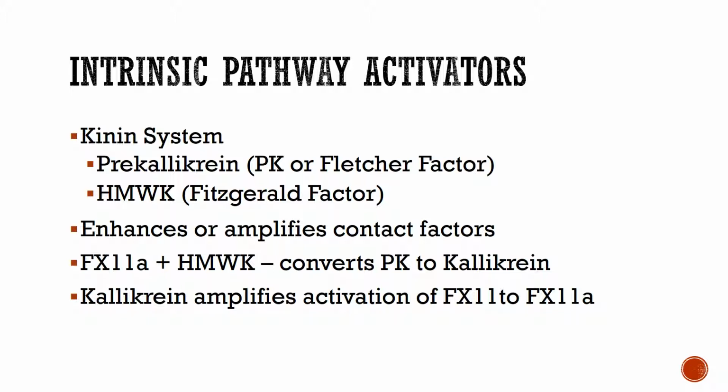An example would be that your factor 12A plus your high molecular weight kininogen converts your PK to kallikrein, and kallikrein will amplify the activation of factor 12 to factor 12A, and so it gets in a loop where it will create more activated factor 12.